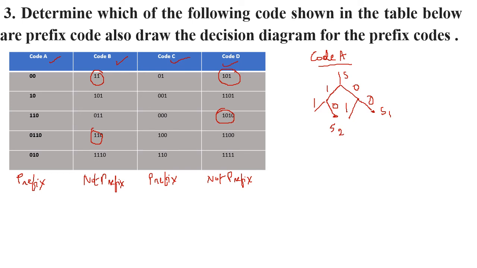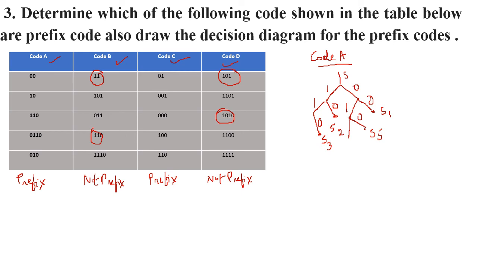Next you have 1, 1, and you have 0. Okay, 1, 1 and 0. So this terminal node will be for symbol S3. Next you have 0, 1. Again we'll try to branch this to 0. Okay, 0, 1, 0 is nothing but the last symbol S5.